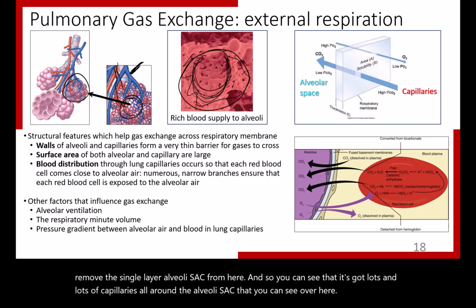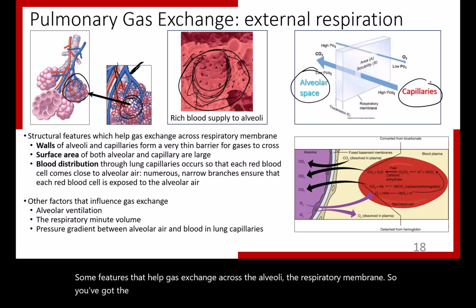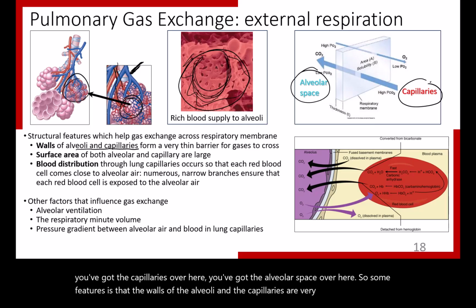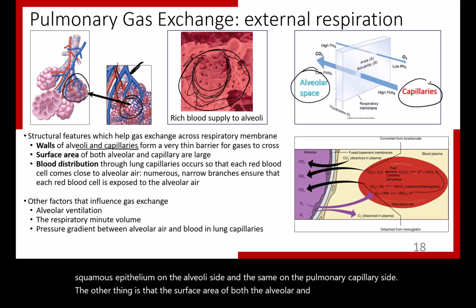Some features that help gas exchange across the alveoli, the respiratory membrane. So you've got the capillaries over here, you've got the alveolar space over here. Some features are that the walls of the alveoli and the capillaries are very thin. So simple squamous epithelium on the alveoli side and the same on the pulmonary capillary side. The other thing is that the surface area of both the alveoli and the capillaries are huge, right?